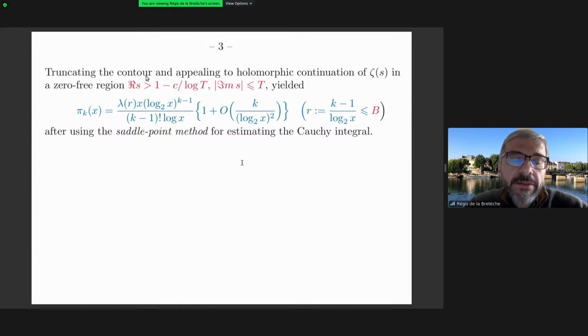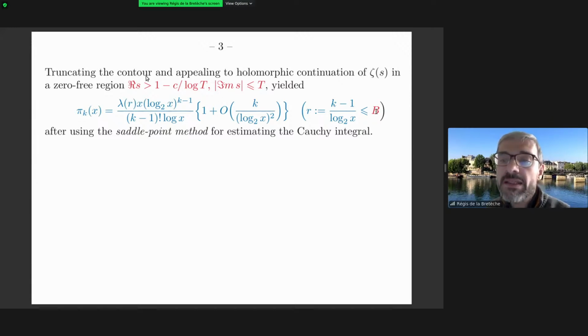We get this estimate. So P_k of x is approximated by lambda of r times x times (log log x) to the power k minus 1 over the factorial of (k minus 1) times log x. And the other term is k over log log x, but it's uniform for (k minus 1) over log log x less than b, where b is a fixed constant.